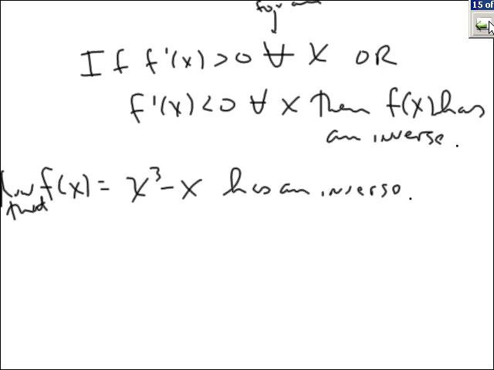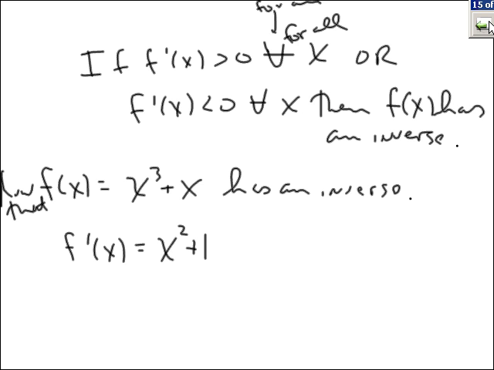Well, you can graph it, but that's not really a proof. So what you do is you take the derivative and you get x squared minus 1. Let's make it plus 1, excuse me.